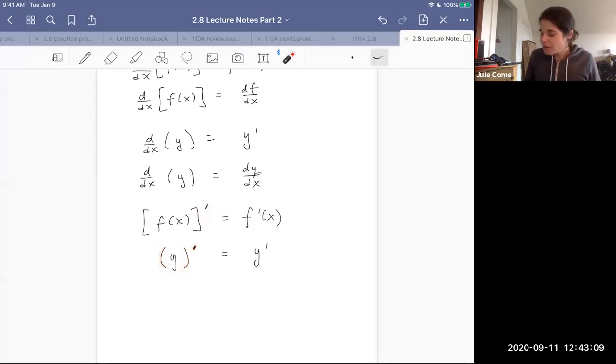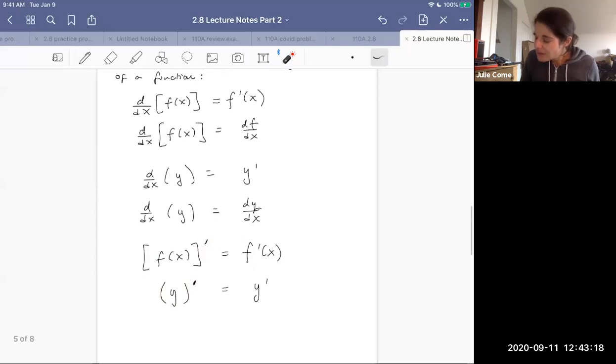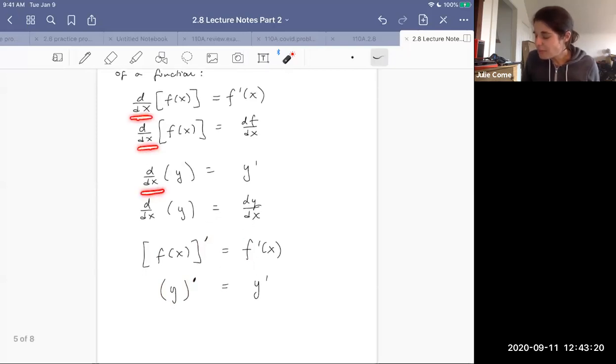If I take the derivative of the function y, I get y prime, the derivative function. So this d dx in front of a bracket or parentheses containing a function can mean take the derivative of that thing. Similarly, the prime left outside a parenthesis or bracket can also mean the derivative of this thing is, and then you'd write the derivative function on the next line.